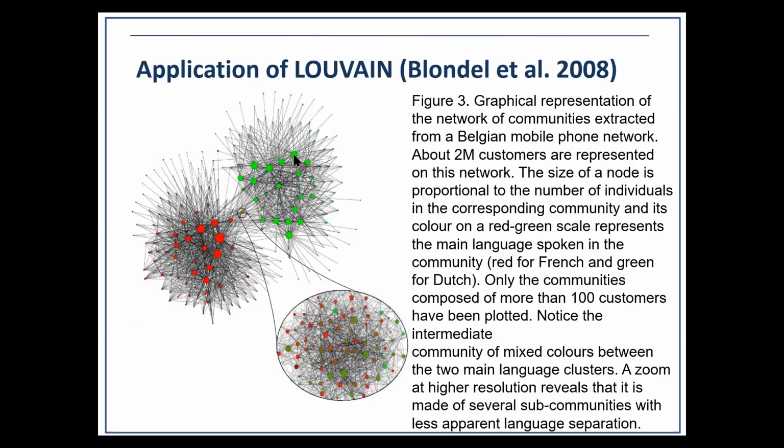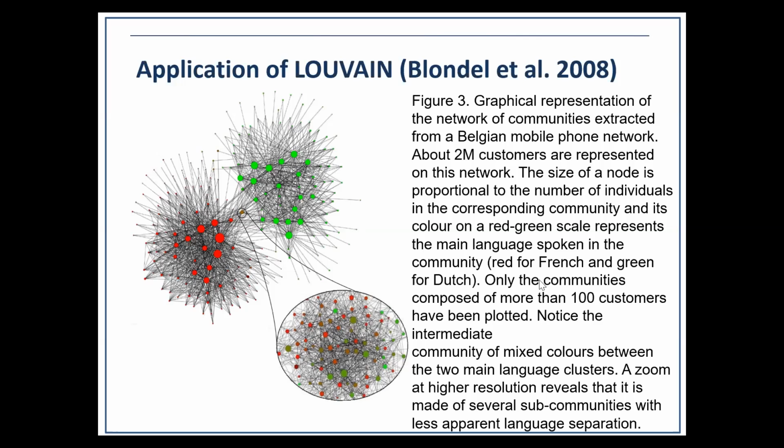The size of a node is proportional to the number of customers, and the network shows only nodes with at least 100 customers. Only communities composed of more than 100 customers have been plotted. So the very tiny node here represents 100 customers. A link between 2 communities is established if there are phone calls among those communities.